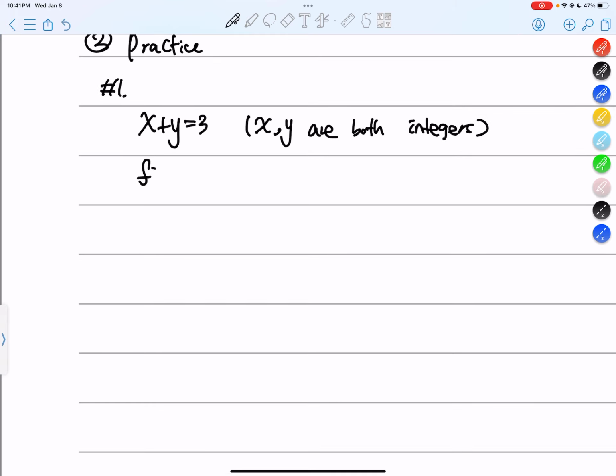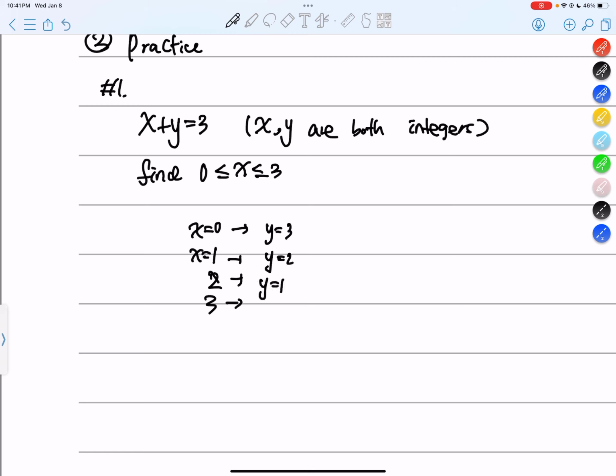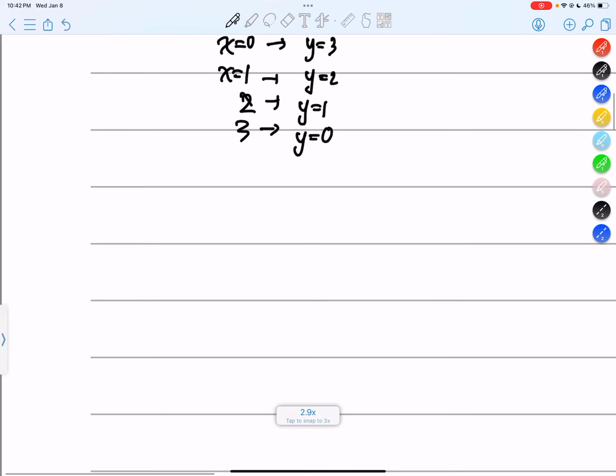Find x that is in between 0 and 3. And then you're going to be like, oh, that's too easy. Well, if x is an integer, then we have x is 0, 1, 2, 3, and then we have y accordingly. We have y equals 3, y equals 2, y equals 1, and y equals 0. That's too easy.